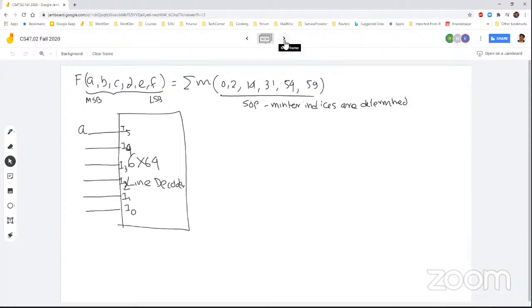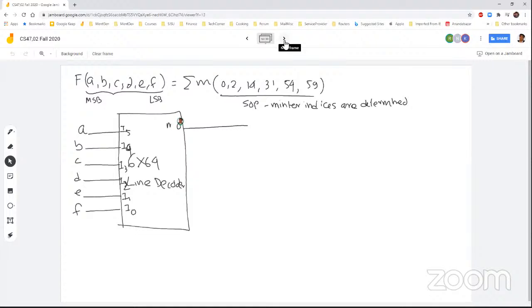So A, B, C, D. It is very important that we mark the inputs in terms of indices, MSB, LSB, and clearly mark which variable is connected to which terminal of the line decoder. And then our life is very simple.